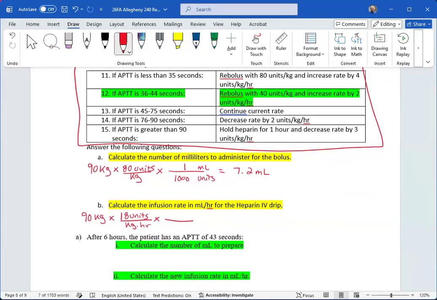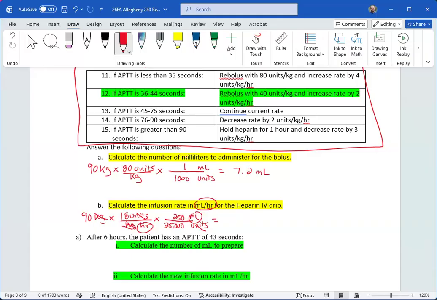So I'm trying to get rid of units and convert that to ml. So 25,000 units, 250 ml. Units are canceled, kilograms are gone. And before I do anything, I'm in the units that I want to be because it says how many milliliters per hour.